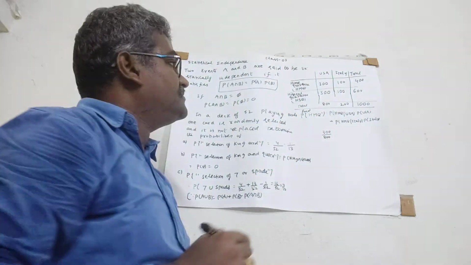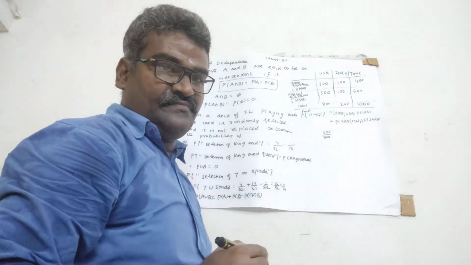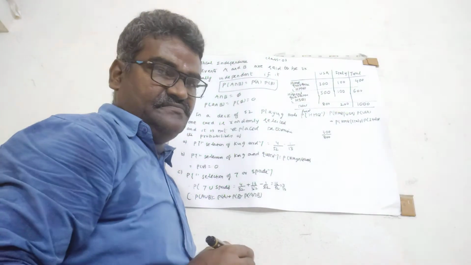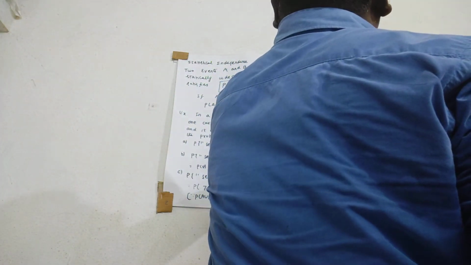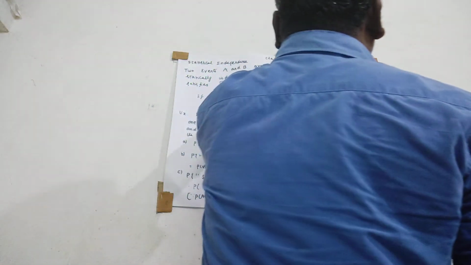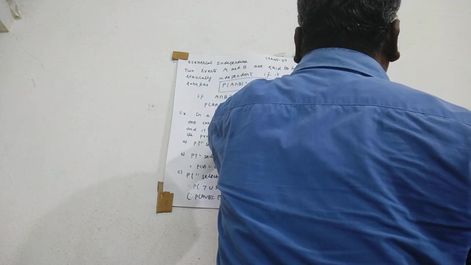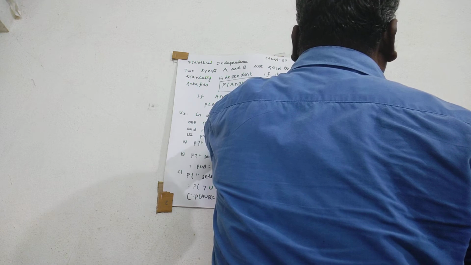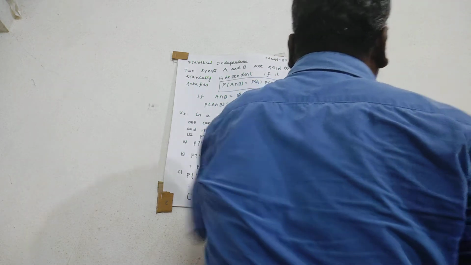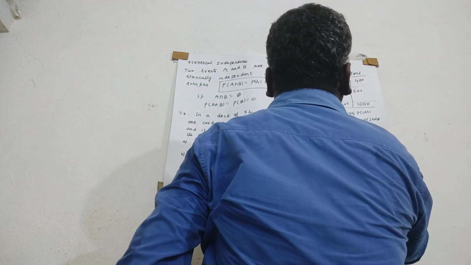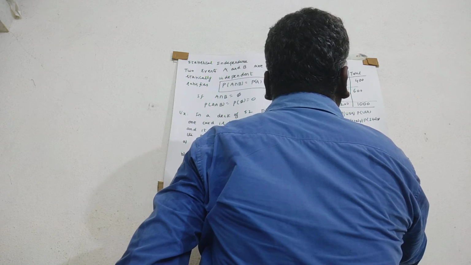Is it clear? Okay, my voice is audible for you. Next, what is the probability of America? Corona quarantined persons in America, the first column total amount 800 out of 1000. Hence it is 800 by 1000.